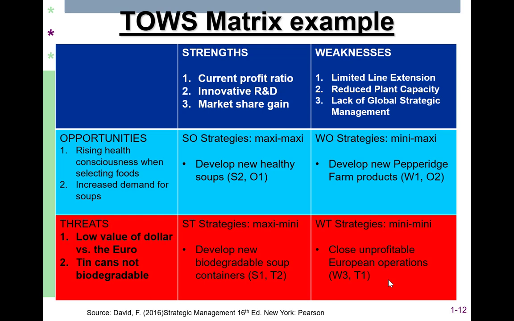This is usually called the defensive strategy. This is very similar to the dog of the Boston Consulting Group. But you've got to do something, especially if you're trying to look at a way to mitigate these threats and get rid of your weaknesses if you're not going to put any money into them.